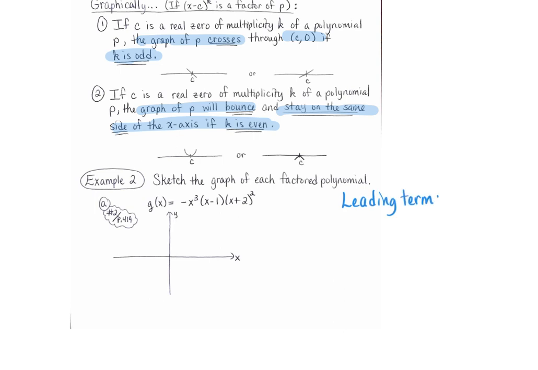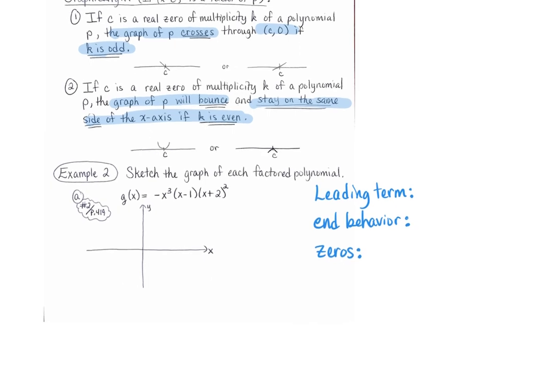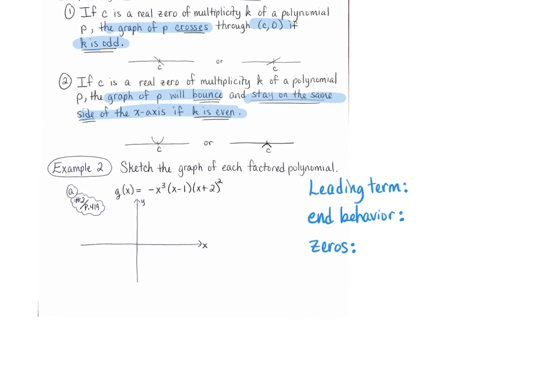And this you might need a refresher on, but we'll do that. Then we need to ask ourselves, what is the end behavior? Our leading term will help us determine that. And then we need to find our zeros and determine the multiplicity. That's what we need to find. If you're given it in factored form, it's very helpful already.